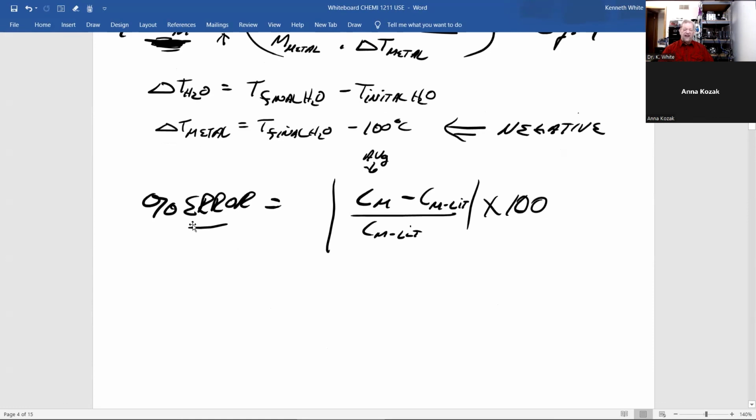And for the percent error, that's C sub M average minus the literature value, 0.50, divided by 0.50. This is an absolute value times 100. And with that, that's today's lab.